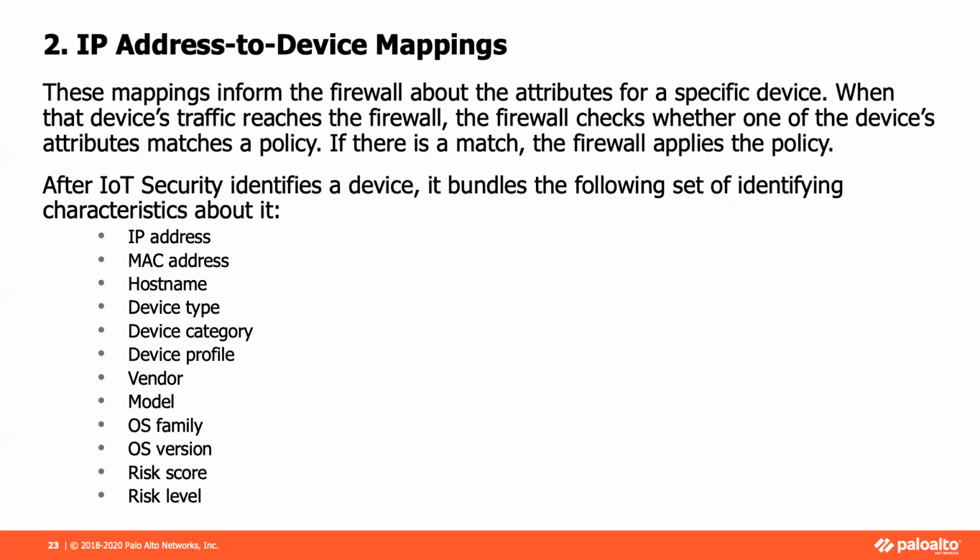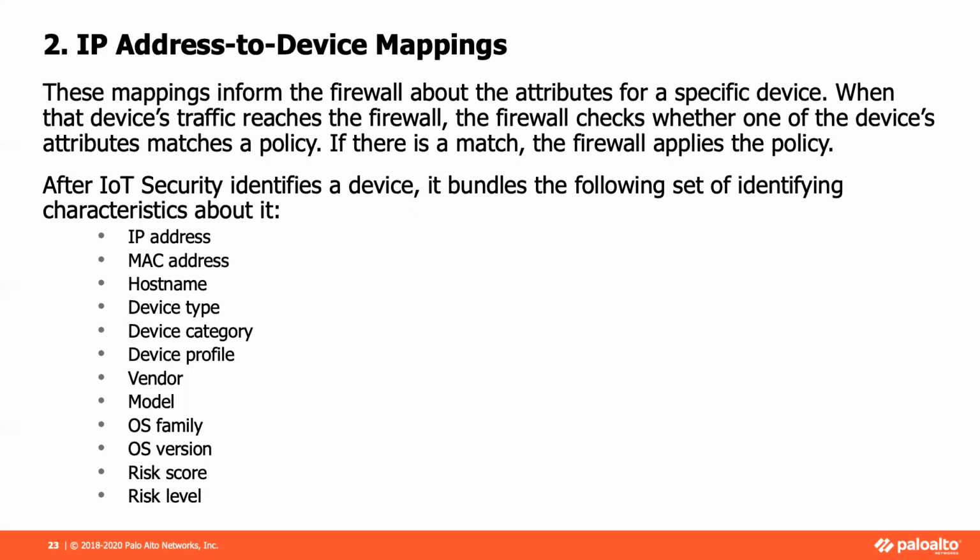So you'll be able to now map devices based not just on IP addresses, but MAC addresses, host names, device types, device categories, vendors, models, operating systems, as well as different risk levels and scores. I'm not going to read the entire list for you, but you get the idea.